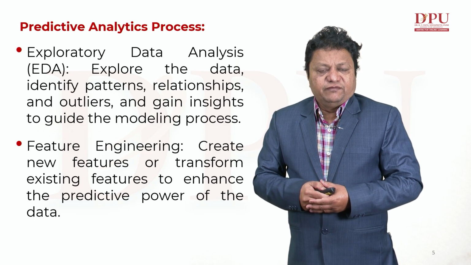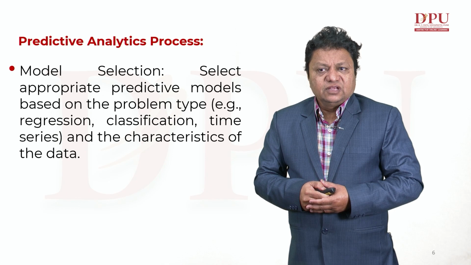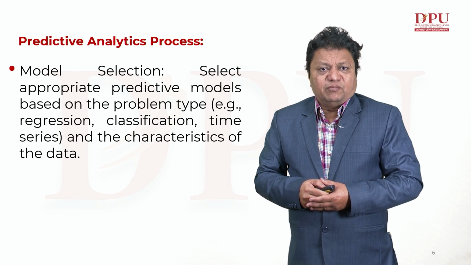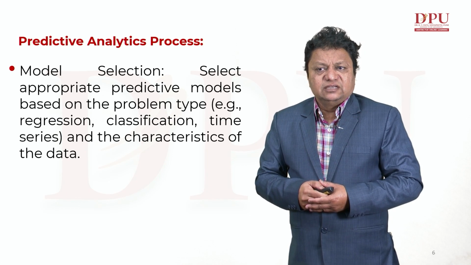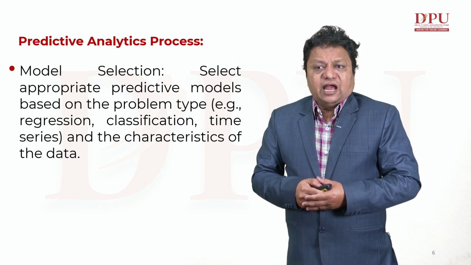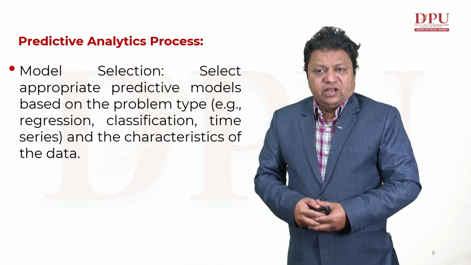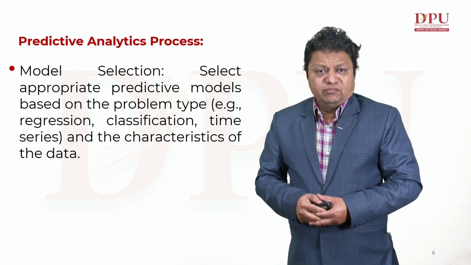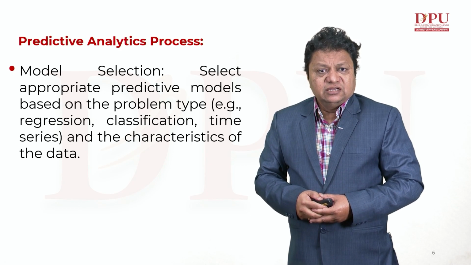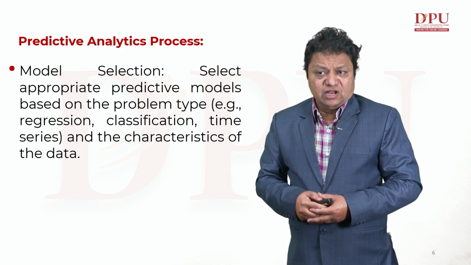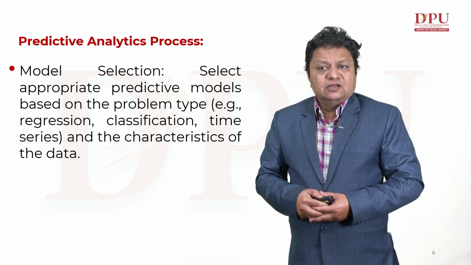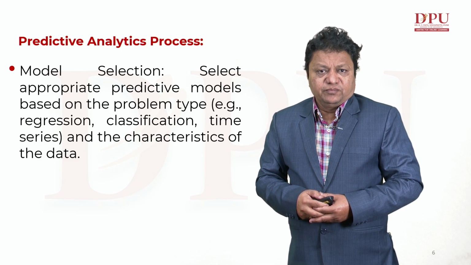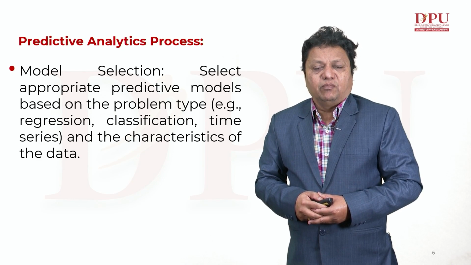That is feature engineering. The next step is model selection. In this we are selecting the appropriate predictive model based on the problem. The model can be a regression model, a classification model, or a time series model. So, based on the problem and its characteristics, we are selecting a particular model.